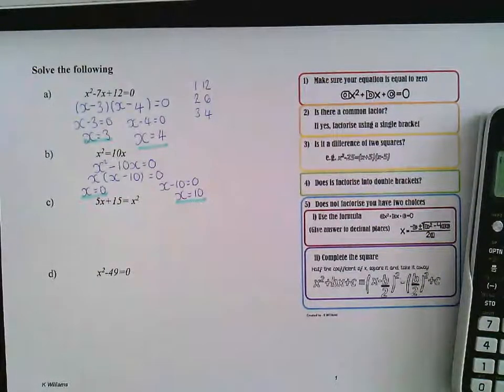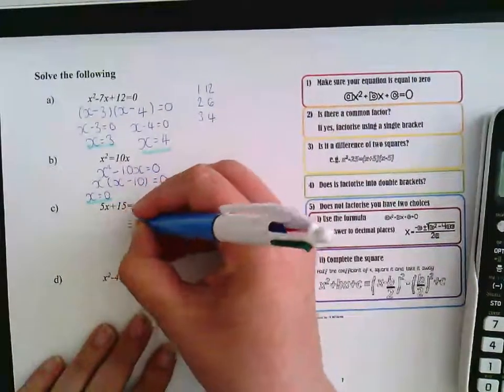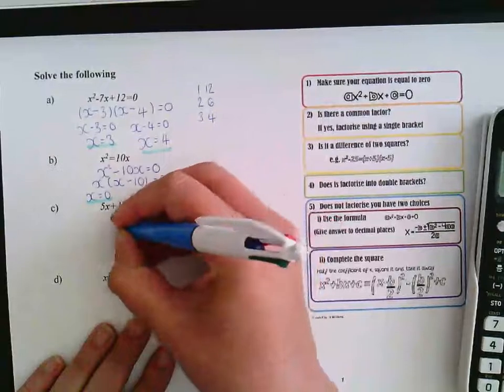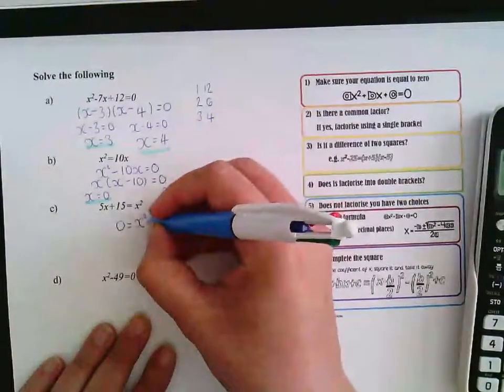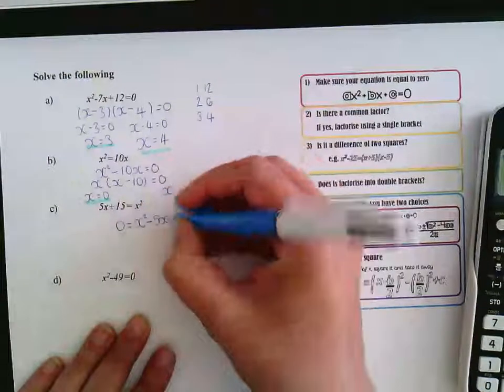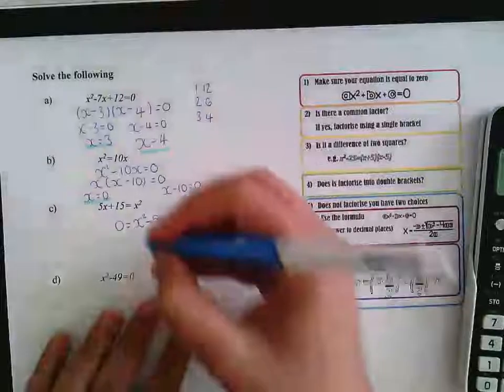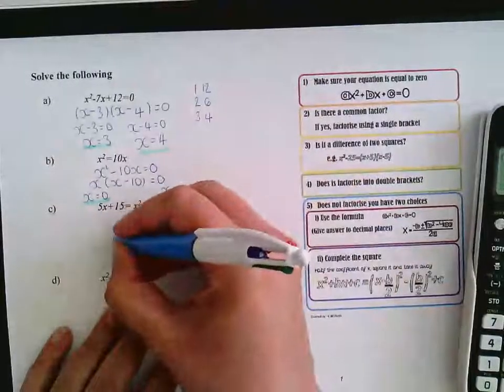Okay, let's have a look at the next one. Again, it doesn't equal 0, so I'm going to get it to equal 0. But I like my x squared to be positive, so I'm going to bring the other ones across this way. I'm going to take away the 5x, and it's plus 15, so take away the 15. Okay, could this be factorising?